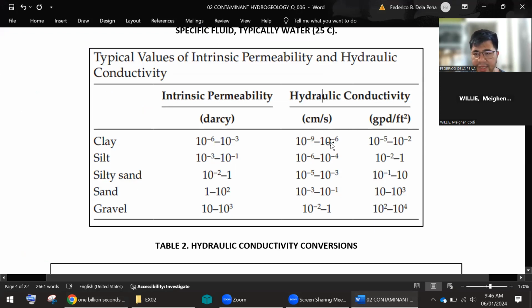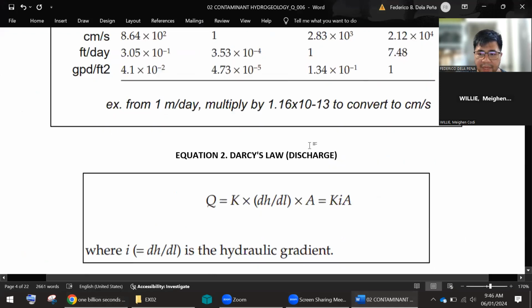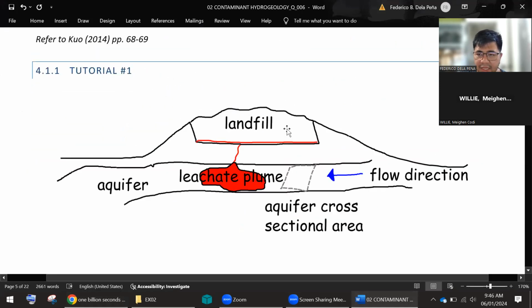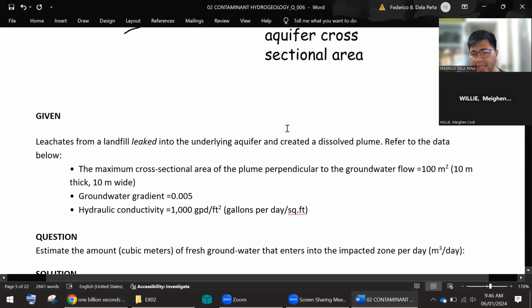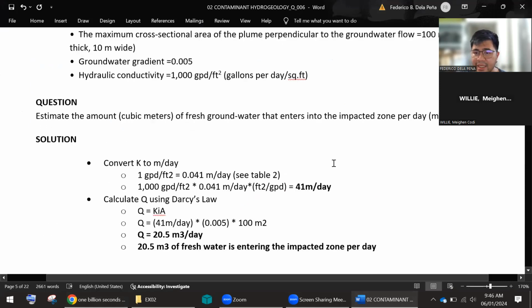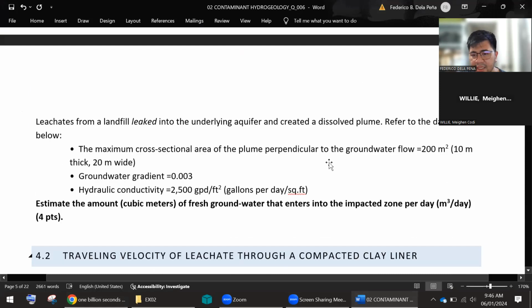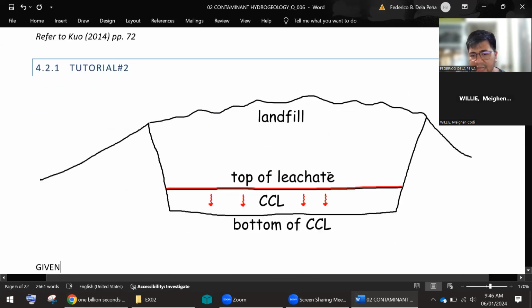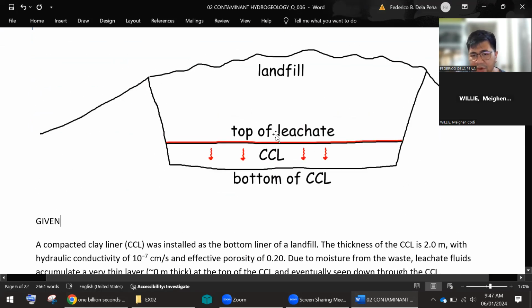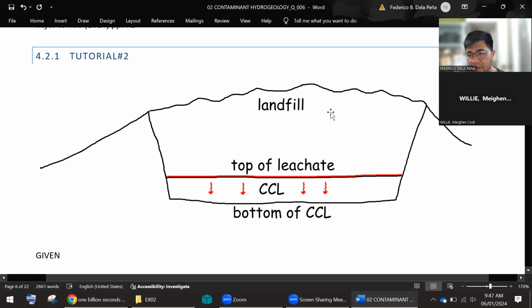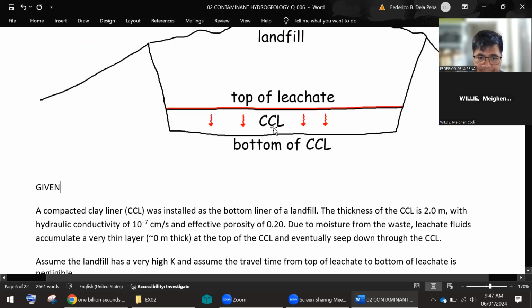That is really slow, because most landfills typically have a design life of 25 to 50 years. So by the time your leachate has traveled 1 centimeter into the compacted clay liner, the landfill is already about to be decommissioned or rehabilitated.